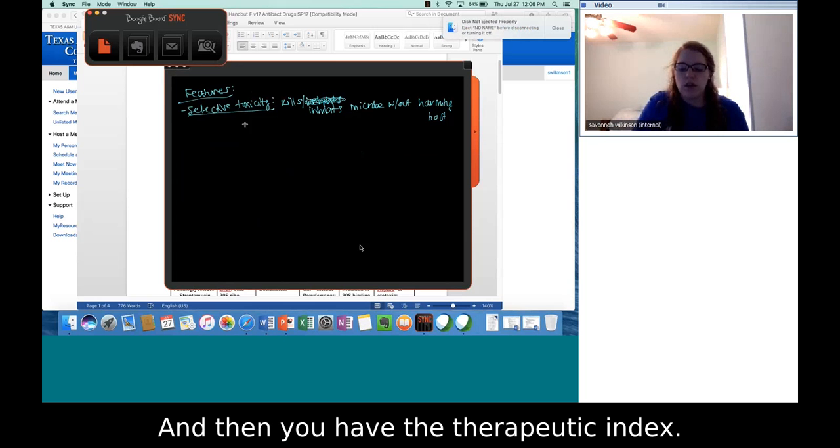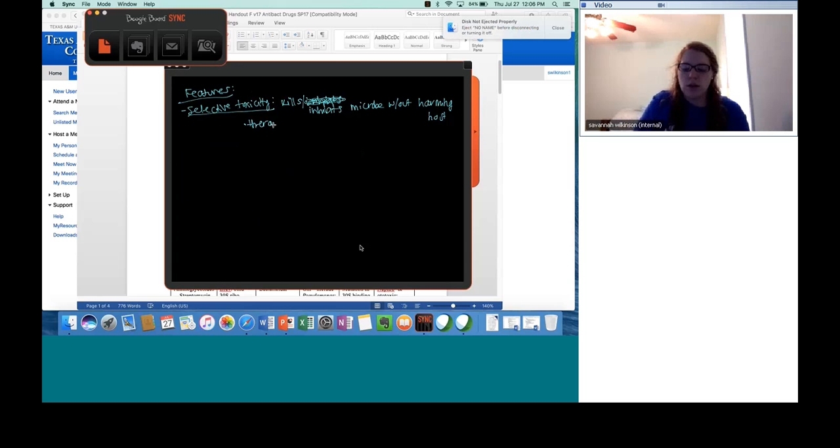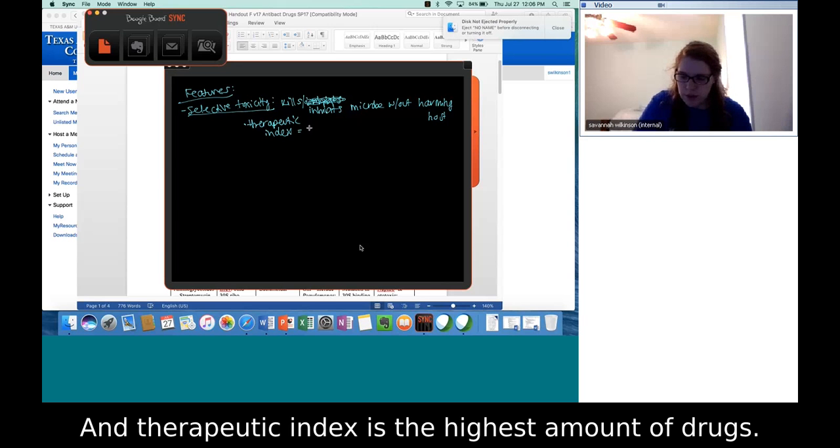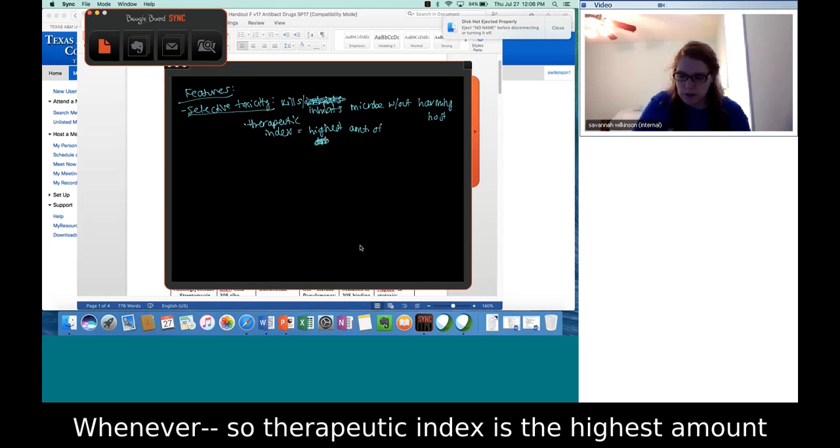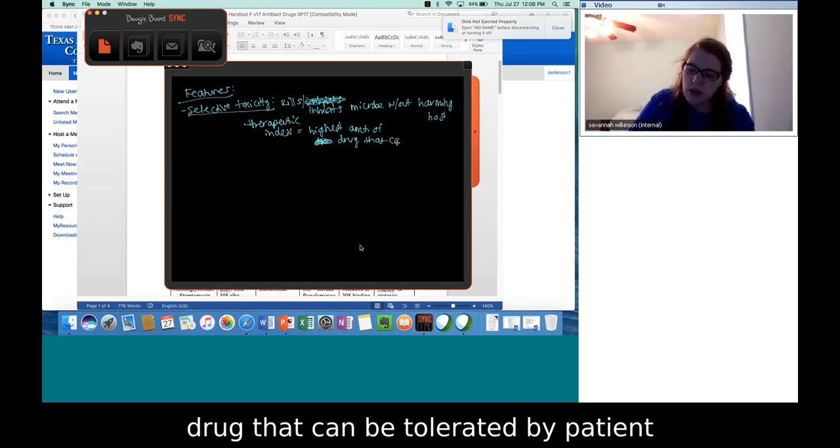And then you have the therapeutic index. The therapeutic index is the highest amount of drug that can be tolerated by the patient.